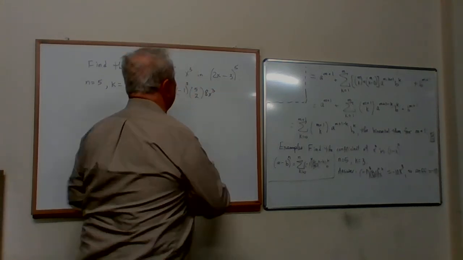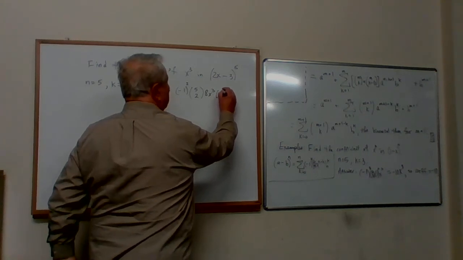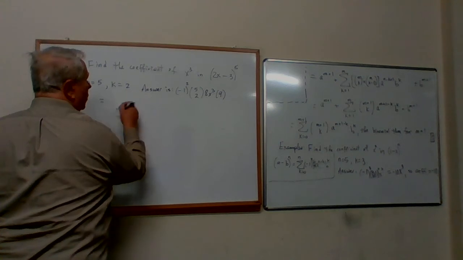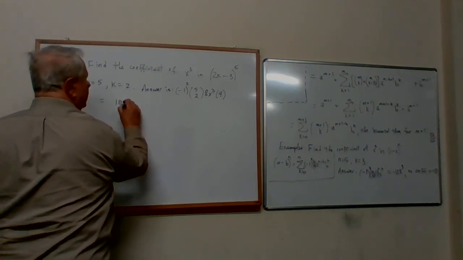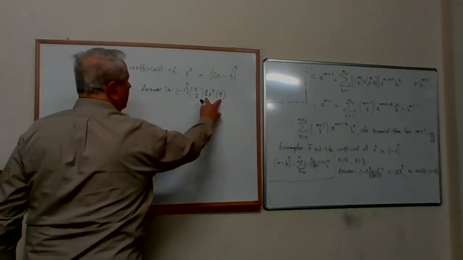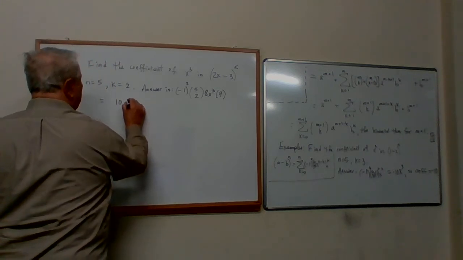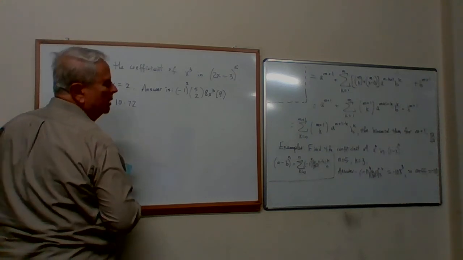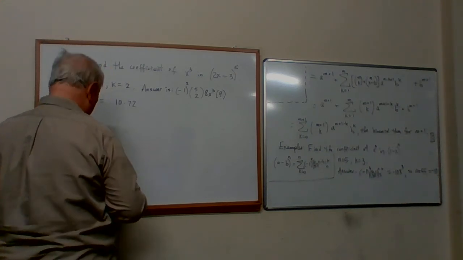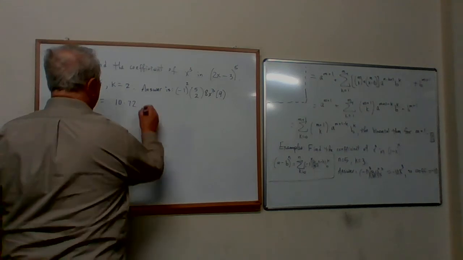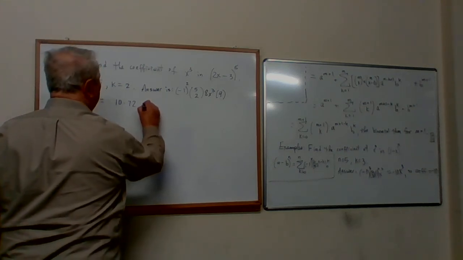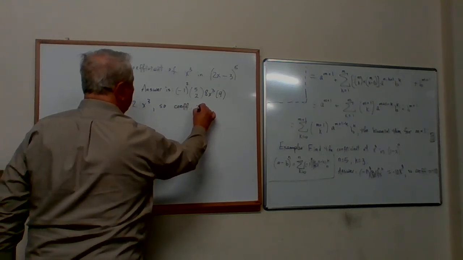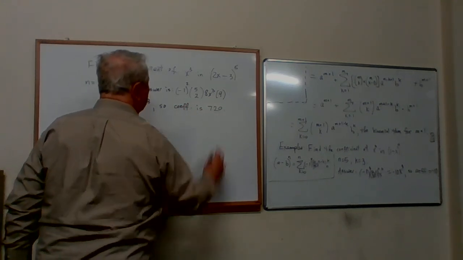So b squared is 9, which is equal to plus 1. 5 choose 2 is 10, times 72. I'm sorry, k is 2. That's right, good. And that's an x cubed. So the coefficient is 720.